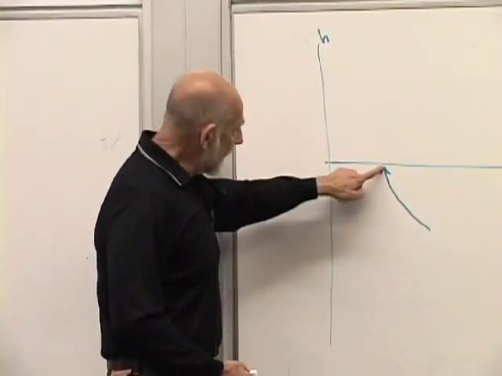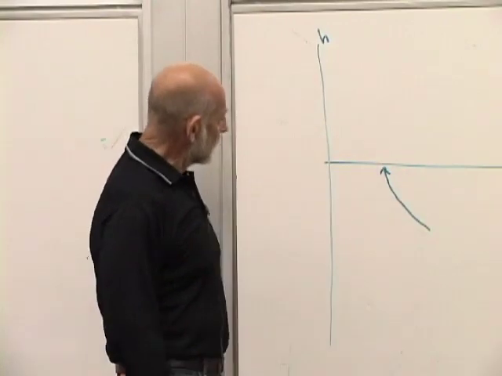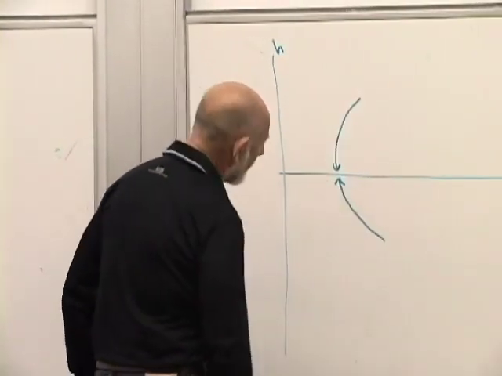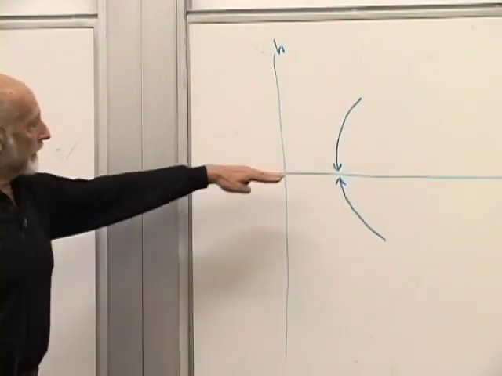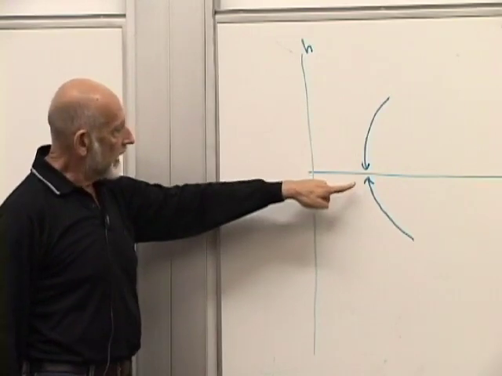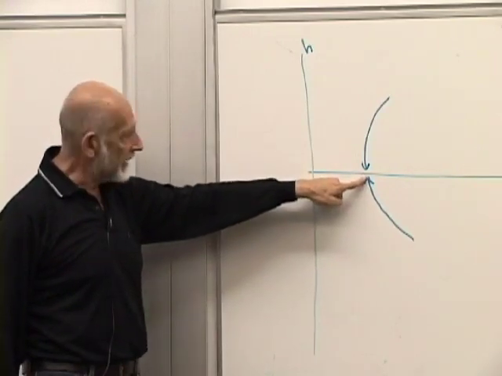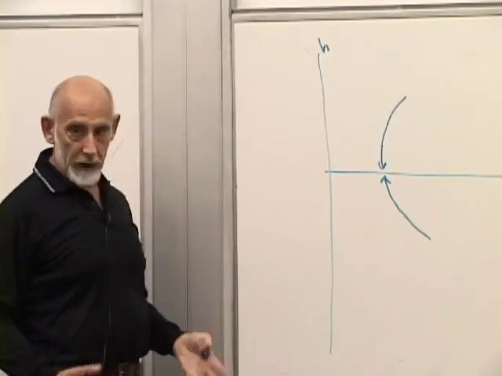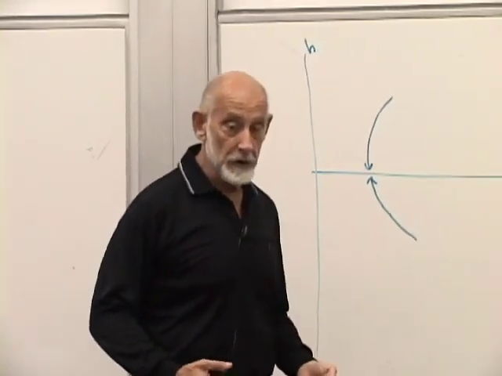If it's there, that means there's a jump discontinuity, because certainly if you approach from the other side, you'll find that the magnetization is positive on this side, negative on this side, and if there's anything left of it right at the edge of this line here, it will have to jump. And that's a first-order phase transition.